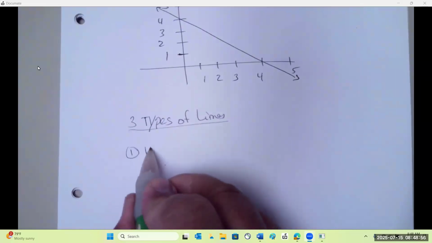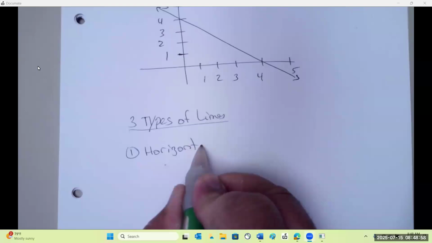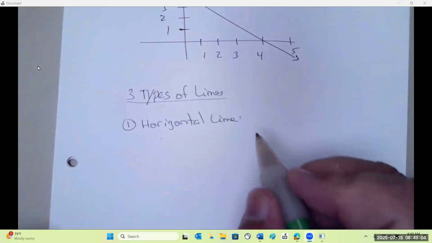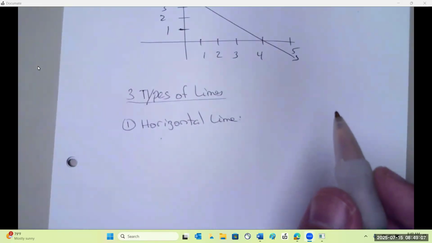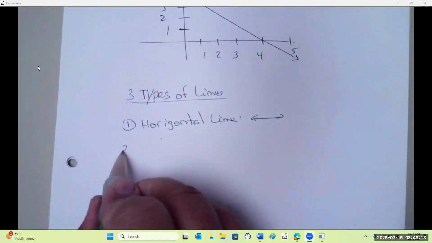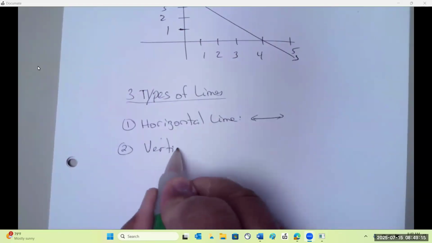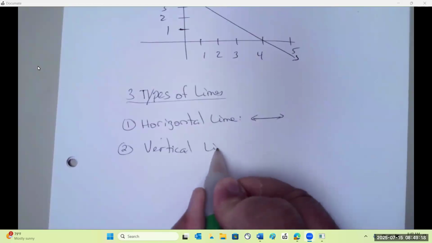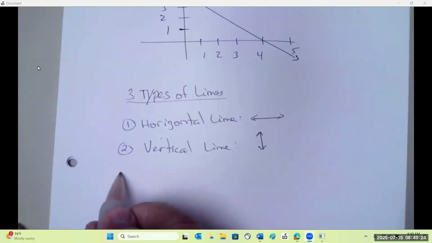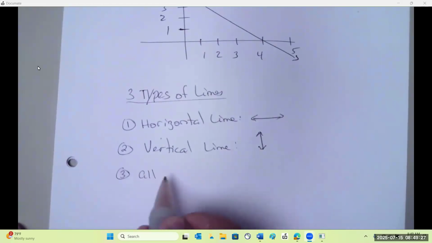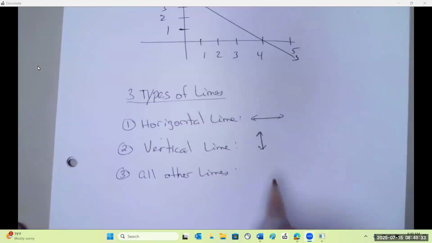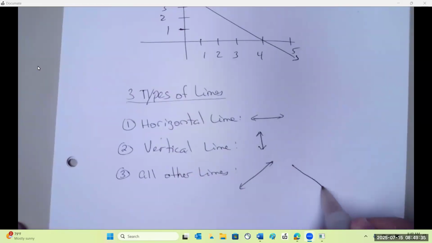One, we can have a horizontal line. What does horizontal mean? Yeah, it goes left and right. We can have a vertical line that goes up and down only. Then we have all other lines. They can either go up or they can go down.